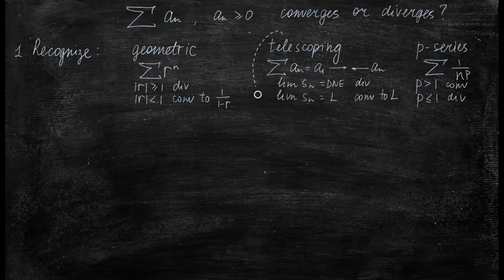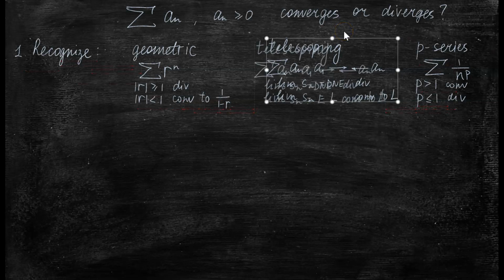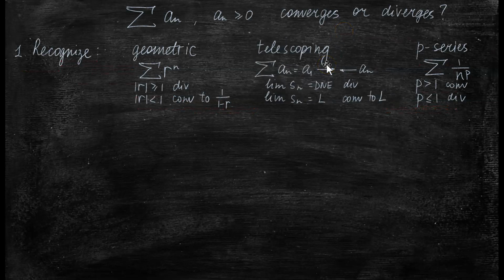So the geometric series and the telescoping series are the only series for which we can easily find what they converge to. So keep that in mind. If the problem says find the limit, most likely you have either a geometric or telescoping series.